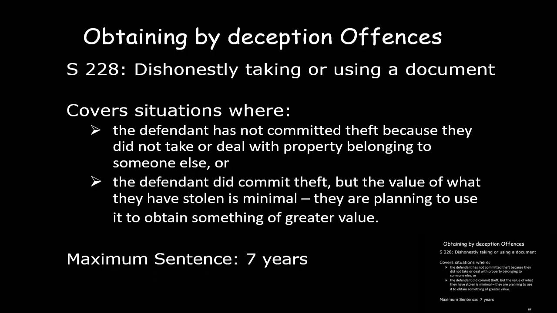Okay, it has little value. Right, but you can use it in such a way to get something of greater value. Well, you probably can't right now because it's maxed, but potentially you could. Right? So this covers those kinds of situations. And the essence of the offence is the dishonest conduct.